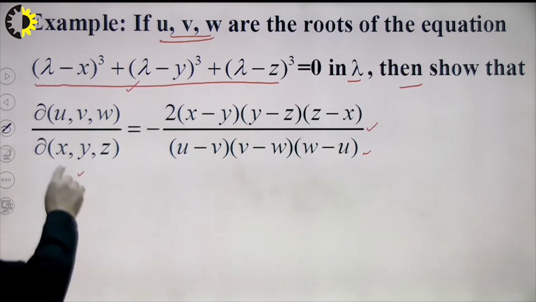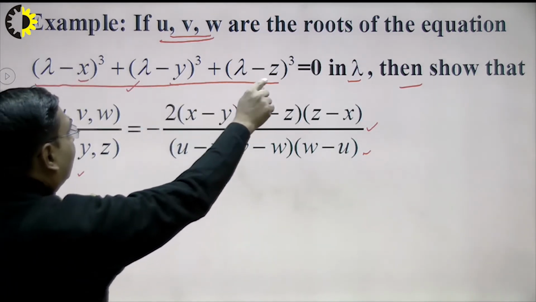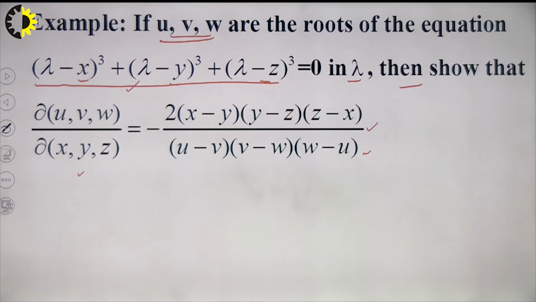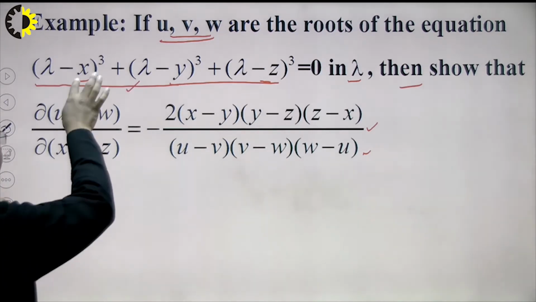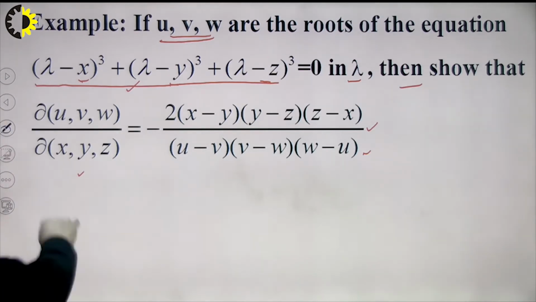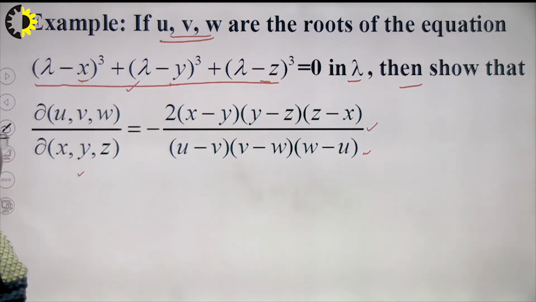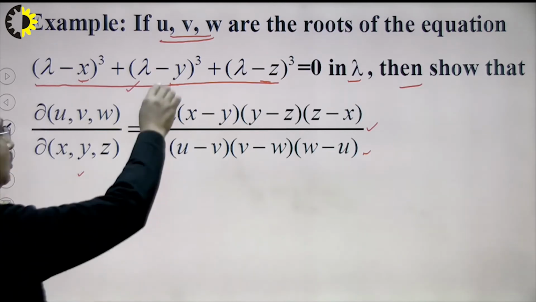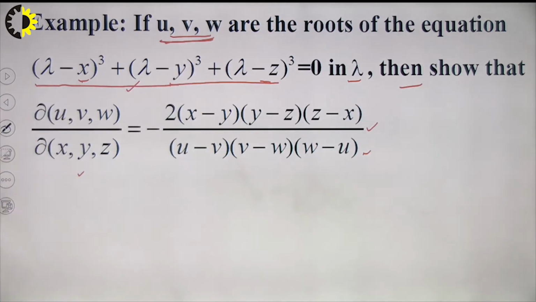Now this equation is involving x, y and z. So if we vary these x, y and z, then the equation will vary, and if the equation varies, the roots u, v, w will also vary.